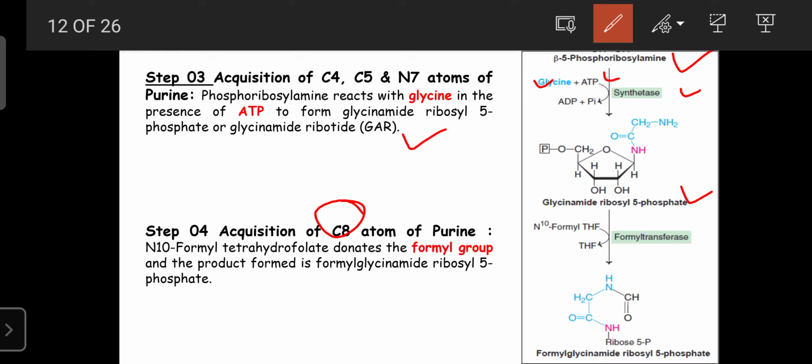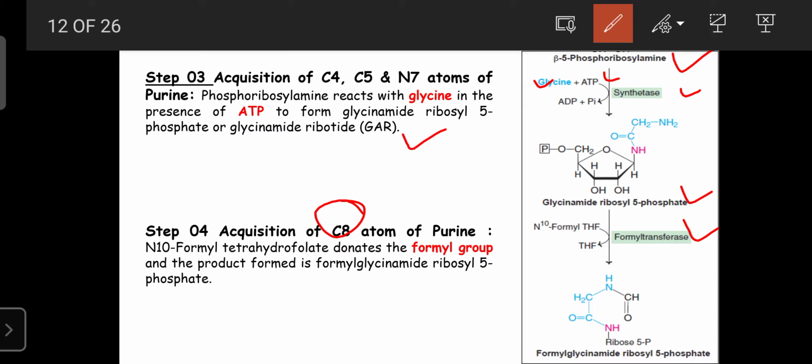Here N10 formyl tetrahydrofolic acid, from the formate, donates the formyl group to the glycinamide ribosyl 5 phosphate and forms formyl glycinamide ribosyl 5 phosphate, in the presence of the formyl transferase enzyme. This formyl transferase enzyme converts GAR into formyl glycinamide ribosyl 5 phosphate in the presence of formate.